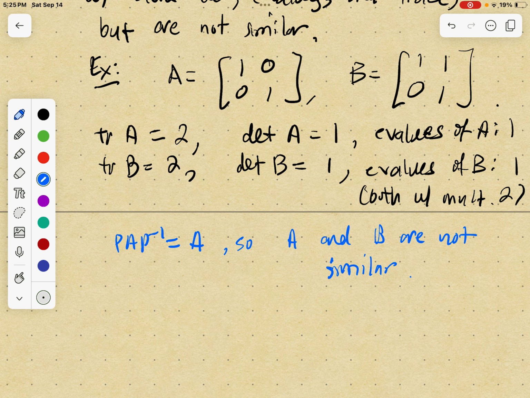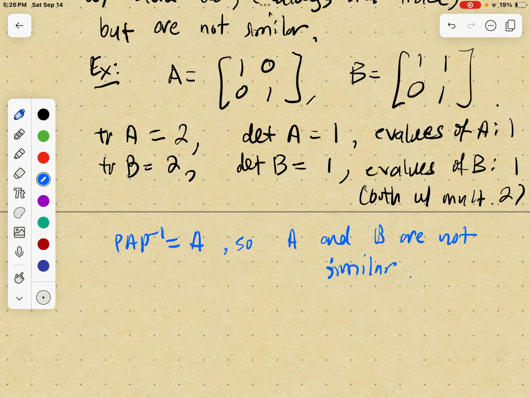And it turns out that there is a complete answer to how to tell if two matrices are similar. For 2 by 2 matrices, it's not so hard. But for n by n, it's still pretty hard. And it uses a theorem called the Jordan form.